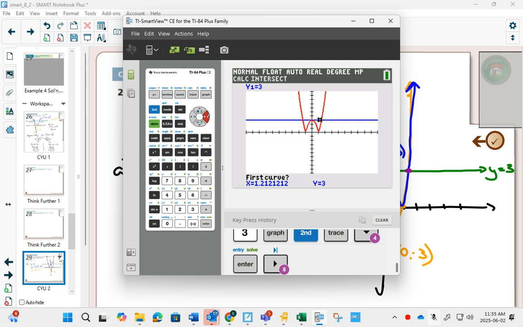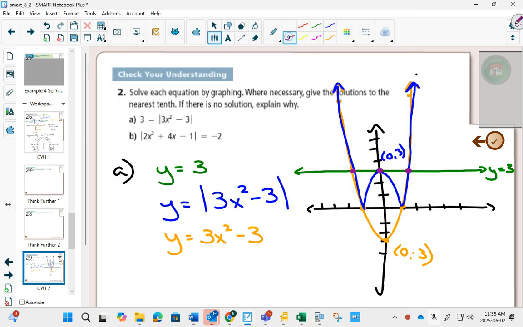So you notice how I move my cursor over to that positive one? Now, first curve, push enter. Second curve, push enter again. Guess, push enter again. And we get 1.414 comma 3. And by symmetry, because parabolas are symmetrical, this will be negative 1.414 comma 3.